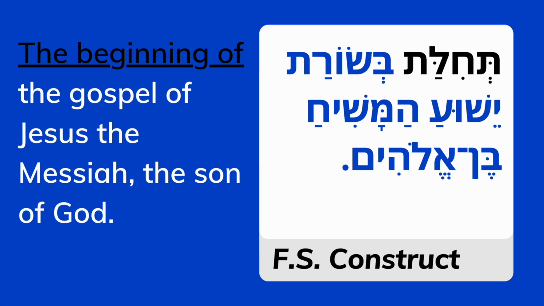The tav at the end of this word is a sign of the feminine singular construct, because when a feminine singular noun is in the absolute form, it often has a long a vowel and is marked with a hey vowel letter. And so the absolute form would be tchila.